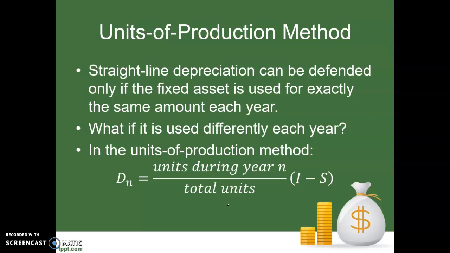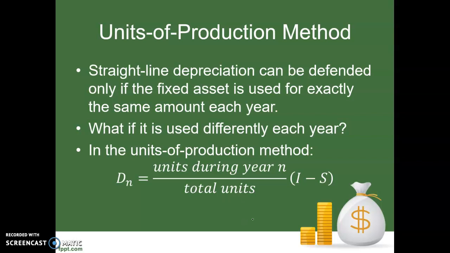And so using this method, you have to calculate the depreciation amount each year. It's going to be different depending on how much you use the asset. So in the numerator of this fraction is the units, so maybe the miles or the hours that the piece of equipment has been used, divided by the total units.